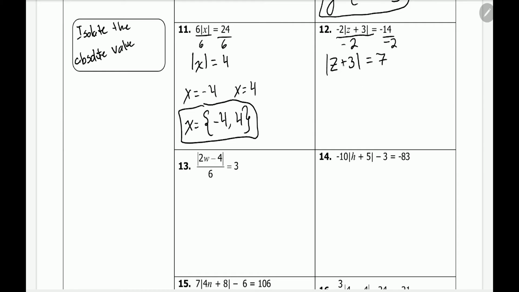Now we take whatever's inside, so z plus 3 is equal to the positive version and the negative version of the 7. So we're going to have 7 and -7. And then we have to solve for z for both of these. So we're going to subtract 3 from both sides.